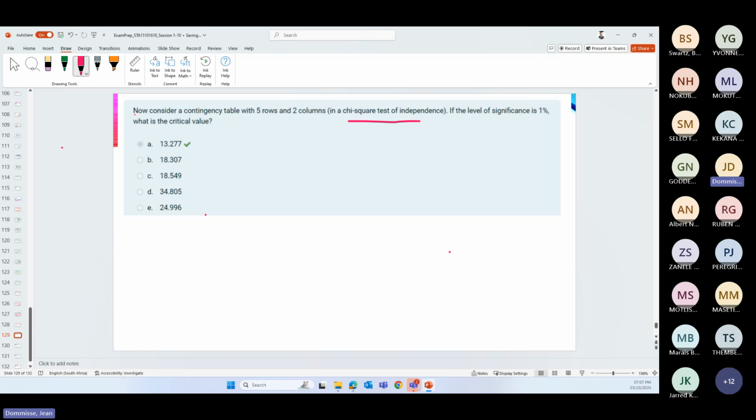So again, here they tell us, now consider contingency table, 5 rows, 2 columns, but they still need to tell you what you are testing for. So that would have been then 5 minus 1, 2 minus 1. So the degrees of freedom would have been 4 times 1 is 4, and the level of significance is 1%.